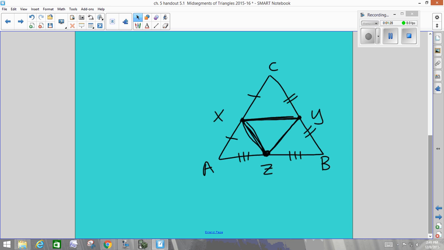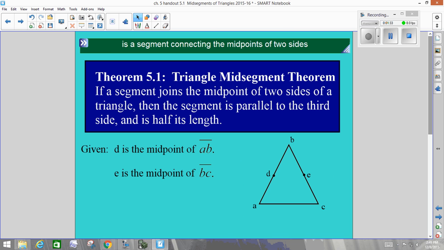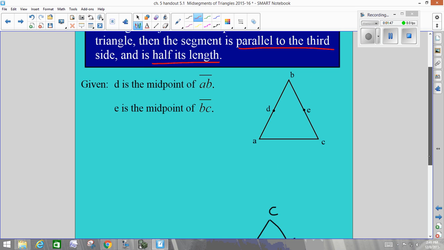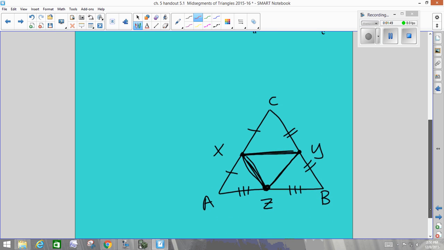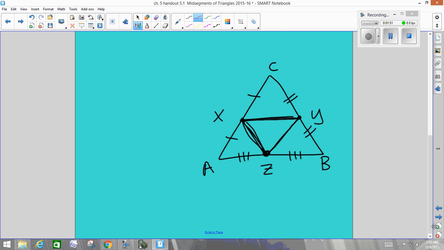Below that triangle, you have your theorem for today, the Mid-Segment Theorem, which states, if a segment joins the midpoint of two sides of a triangle, then the segment is parallel to the third side and half its length. Okay. So looking at the triangle that we made there, XY is a midsegment.